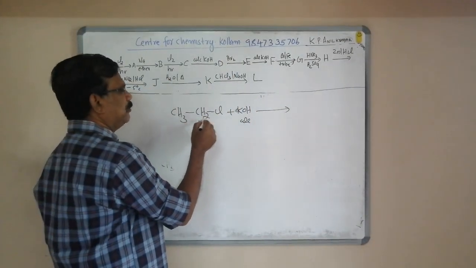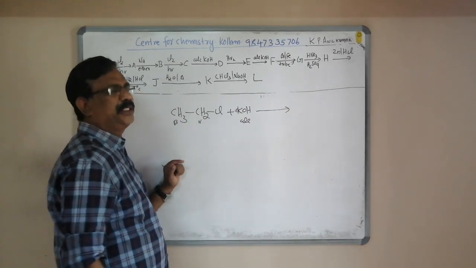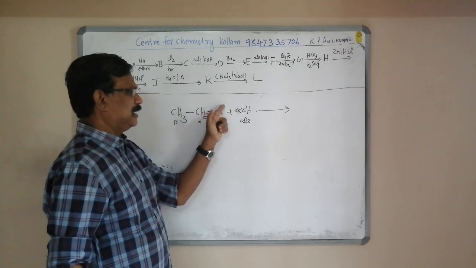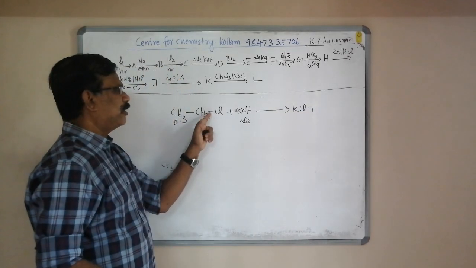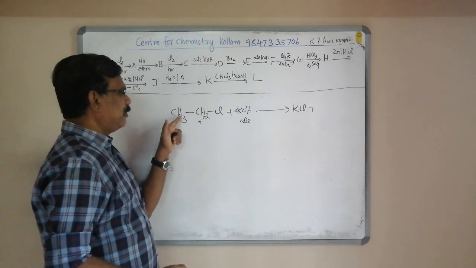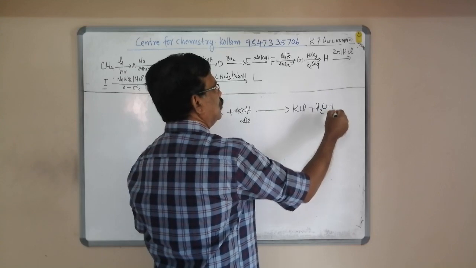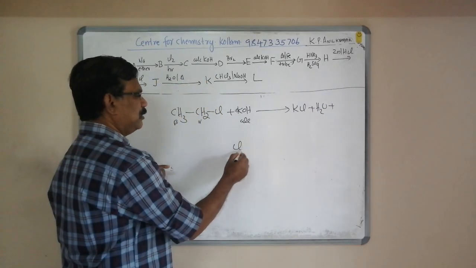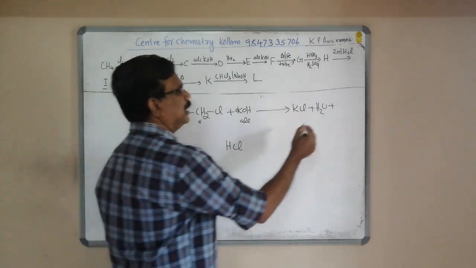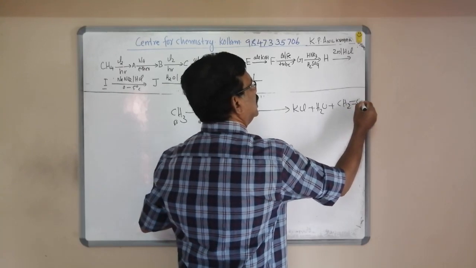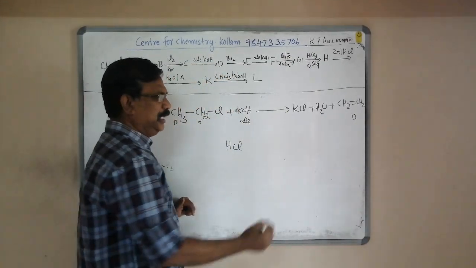The carbon linked to the halogen is the alpha carbon, and the next carbon is the beta carbon. From the alpha carbon chlorine is removed and combines with K as KCl. From the beta carbon one H atom is removed and combines with OH as water. The single bond becomes a double bond and the product is CH2=CH2, ethylene or ethene, that is capital D.